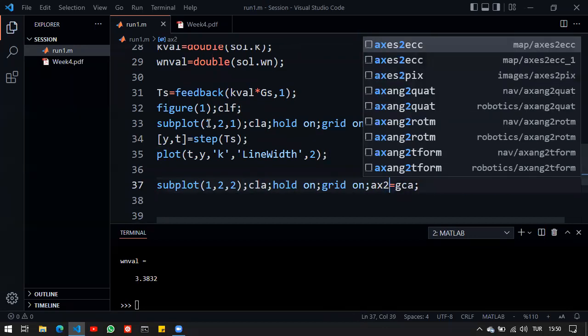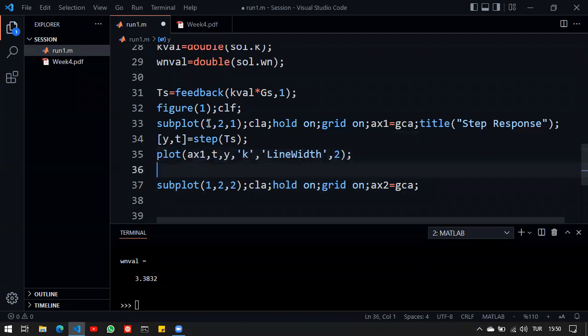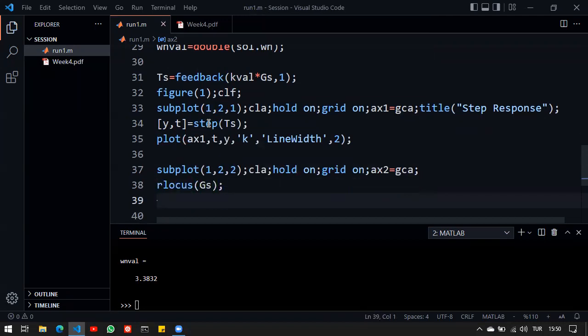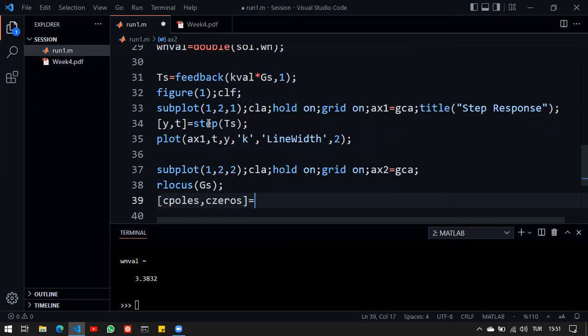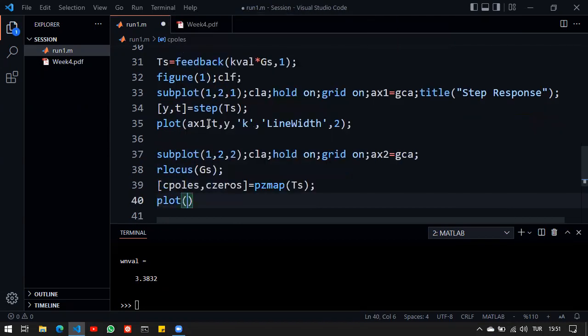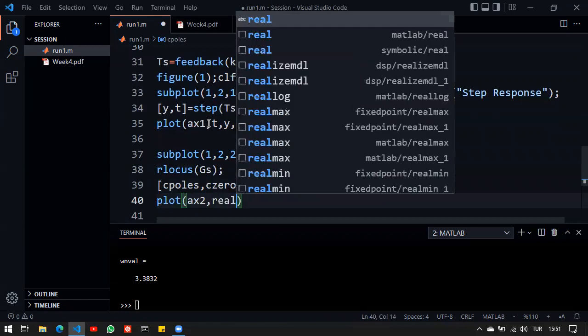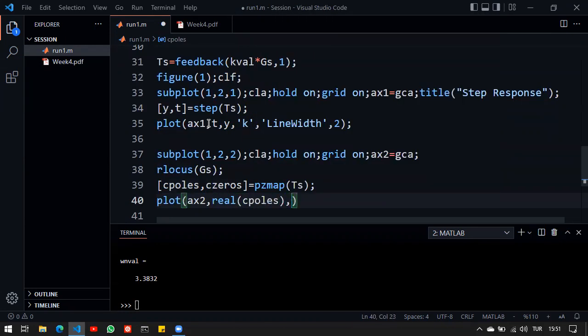So rlocus and then GS. Now, since I'm going to plot the root locus plot, what I might do also is to calculate the closed loop poles and zeros if there are any. So let's use pzmap, provide TS, and let's use the plot function here and plot the poles. Because these exact locations would be my solution on the root locus, so they should be on the root locus plot, and we'll see if there are.